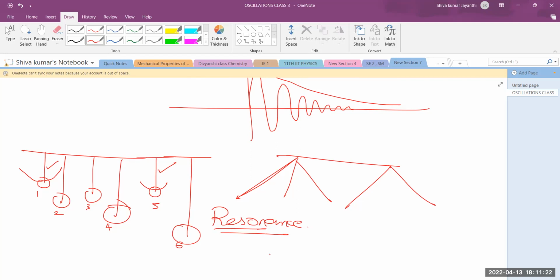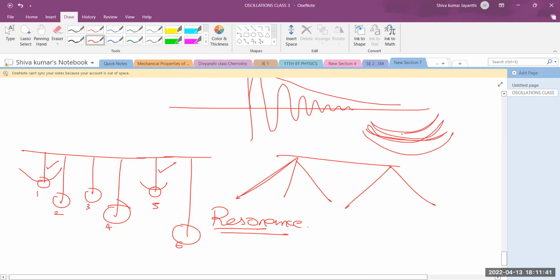The bridge will break. It's possible that the bridge will break. Why? Because if the vibration of the foot and the vibration of the bridge become equal, the bridge will oscillate up and down like this. So the bridge may break.